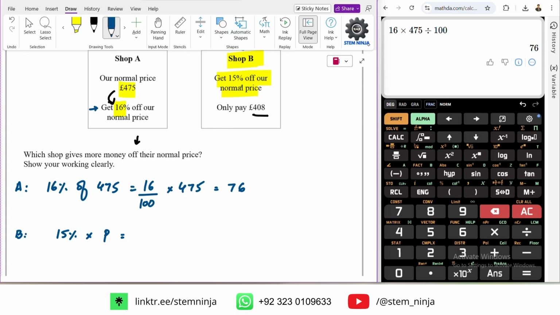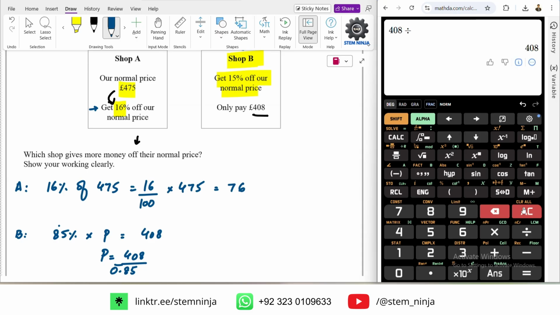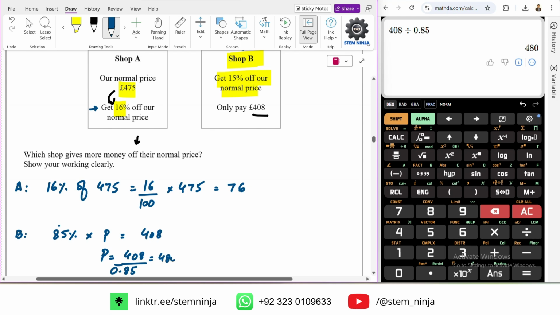But we do know this would be 85% of P is 408. Therefore P would be 408 divided by 0.85, this is 480.